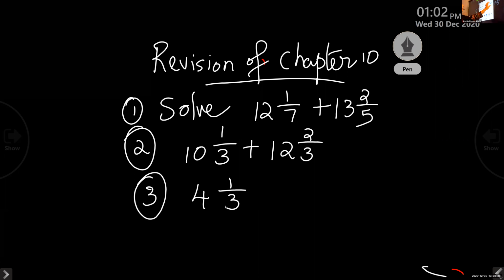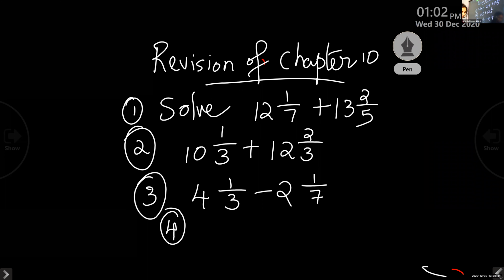Then 4 and 1 by 3 minus 2 and 1 by 7. Question number 4. 10 and 1 by 2 minus 5 and 3 by 7.